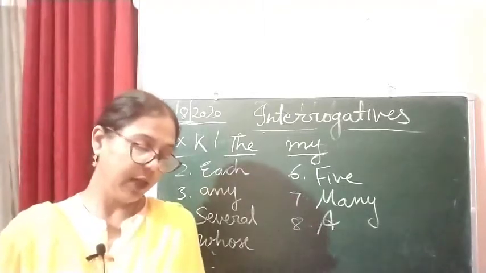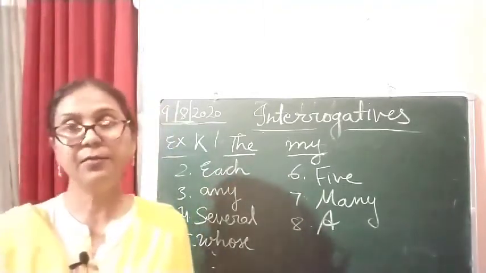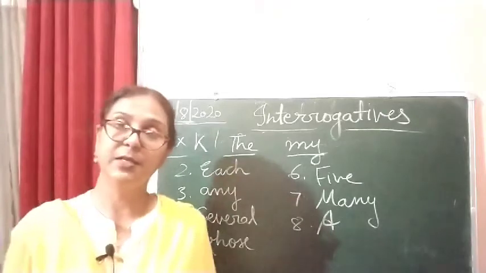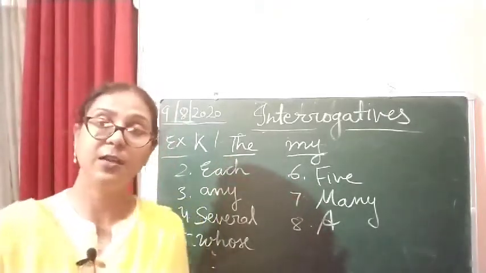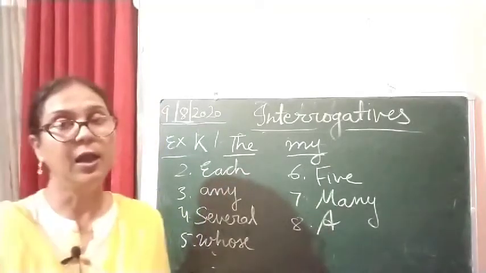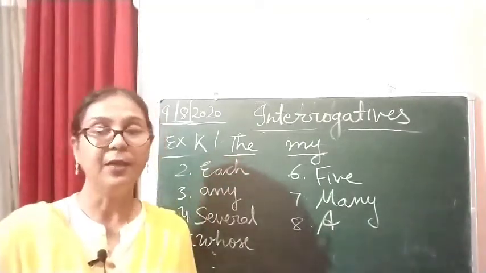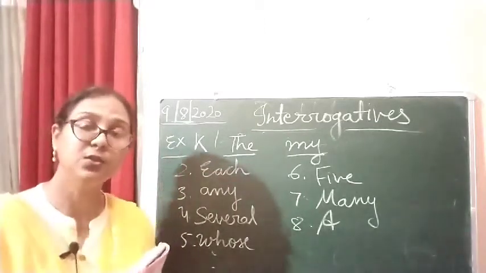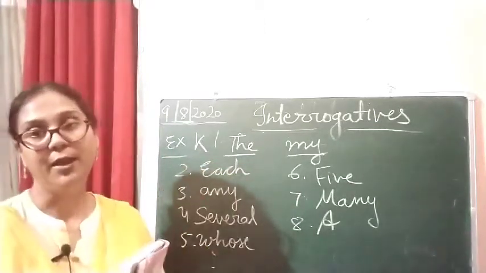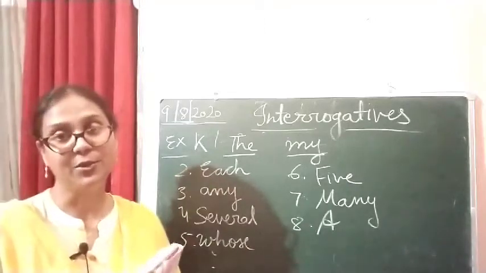As you all know, there were 6 determiners and we have completed articles, possessives, interrogatives, quantifiers, demonstratives, distributives. And we have completed the exercises also, which are based on these determiners.